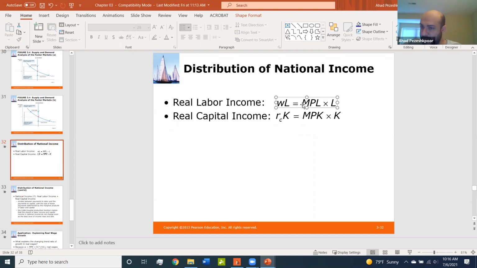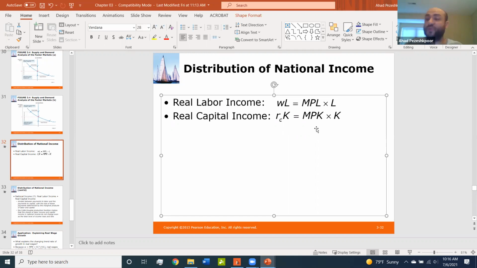They will pay you exactly how much you're contributing to the economy, how much you're producing in this company.